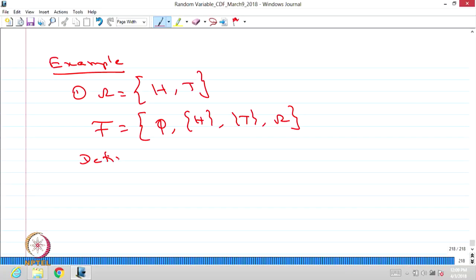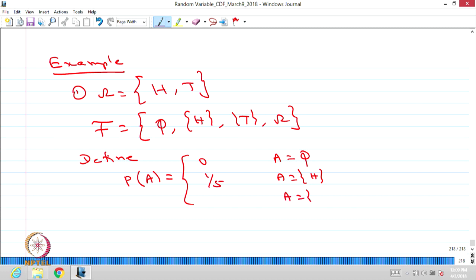Define P of A such that when A is the empty set, I am going to make it 0, and when A is H, I am going for 1 by 5.